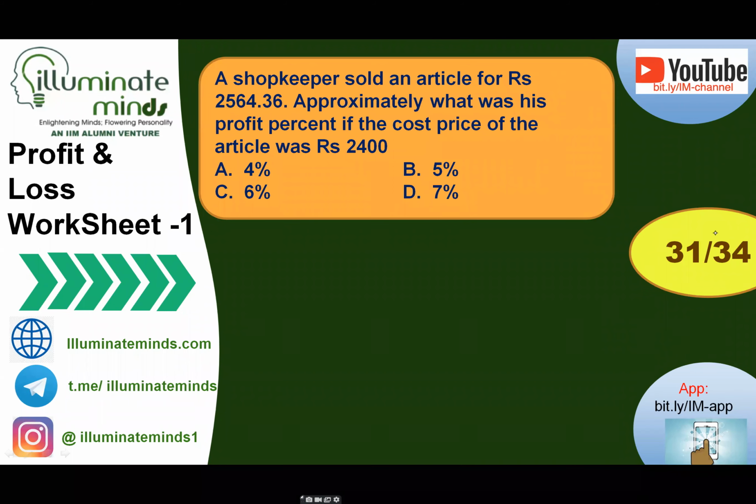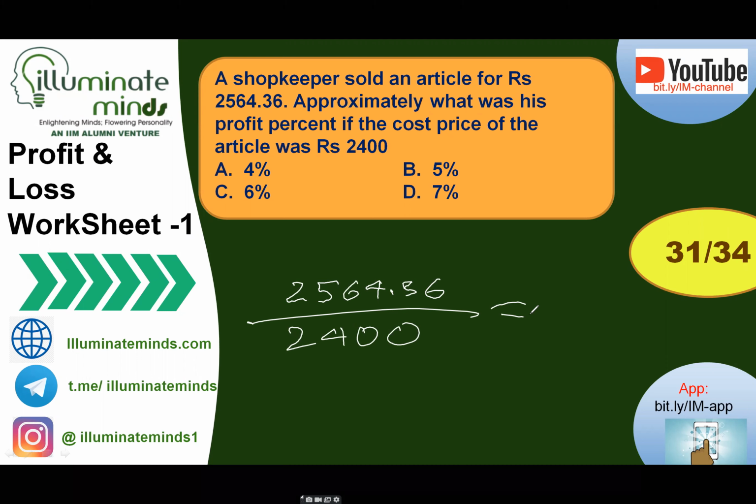Let's do 31. A shopkeeper sold an article for rupees 2564. Approximately what was his profit percentage if the cost price of the article is 2400? No problem. 2564 divided by 2400. So this will give you the exact answer. Guys, divide it and find out the answer.